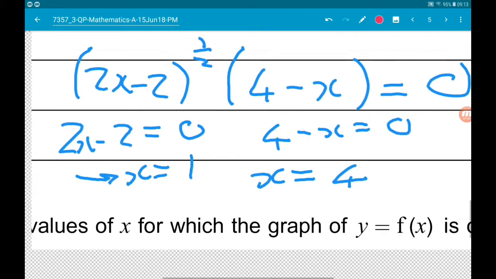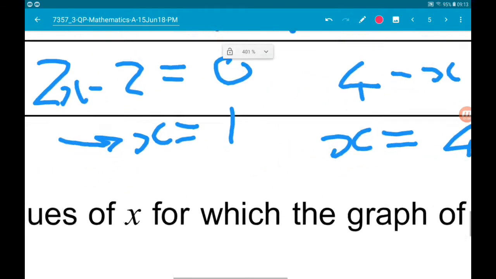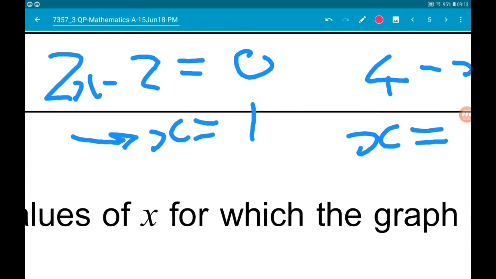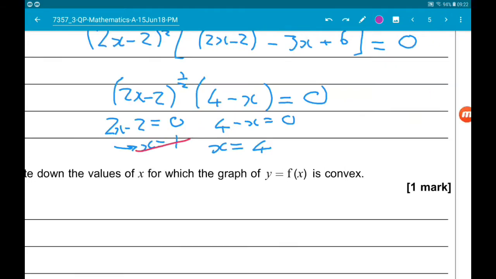We've got two solutions, but remember what we did in part A? We found the domain of the function: x had to be greater than 1. So this is an invalid solution. Okay, so we potentially have this point of inflection when x is equal to 4.